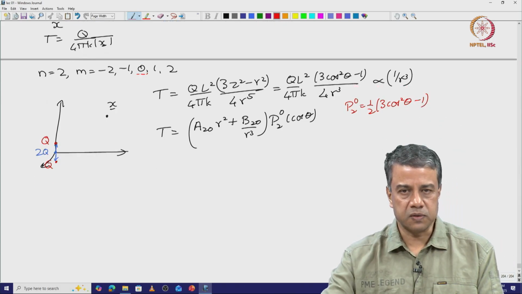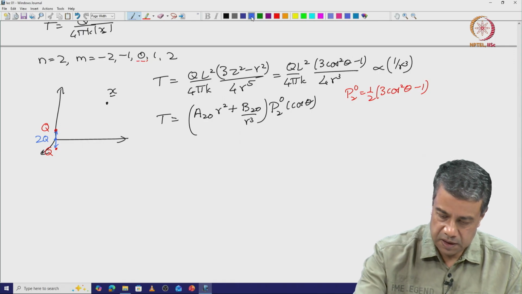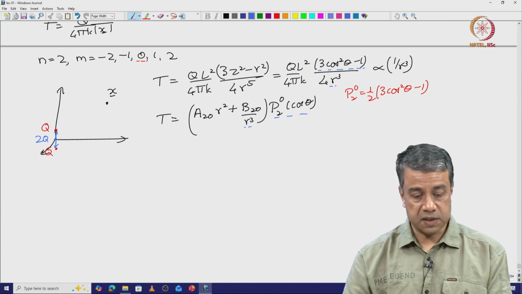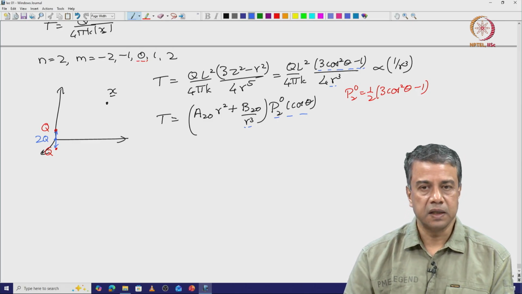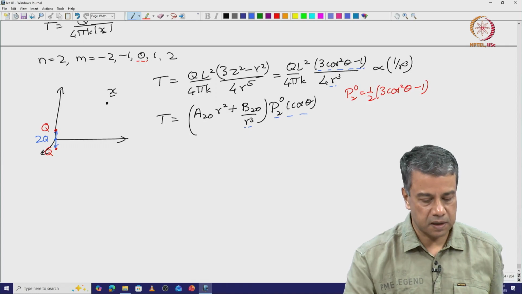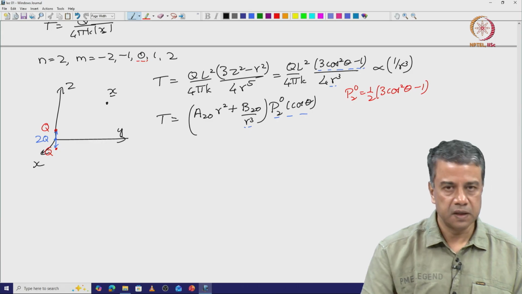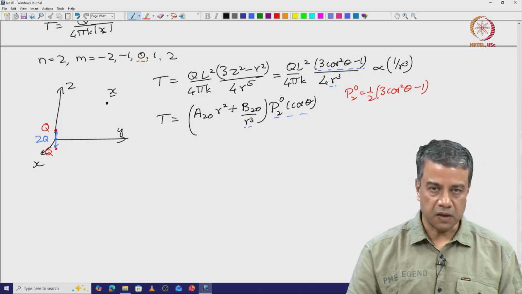So, you can see the equivalence here, 3 cos square theta minus 1 and P_20, 1 over r cubed and 1 over r cubed. So, this term for n is equal to 2 and m is equal to 0 corresponds to the quadrupole, which is axisymmetric and which is aligned along the z axis. This arrangement of sources and sink corresponds to one particular realization of this quadrupole.